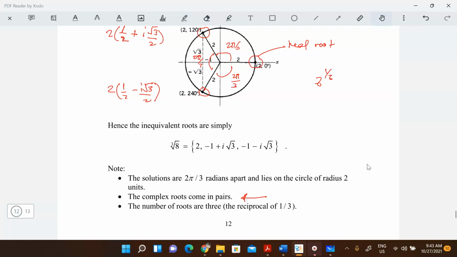The distribution is on a circle of radius 2, which is the absolute value, r equals 2, and the points are distributed equally, equidistant apart on the circle. So it's quite a nice geometric behavior.